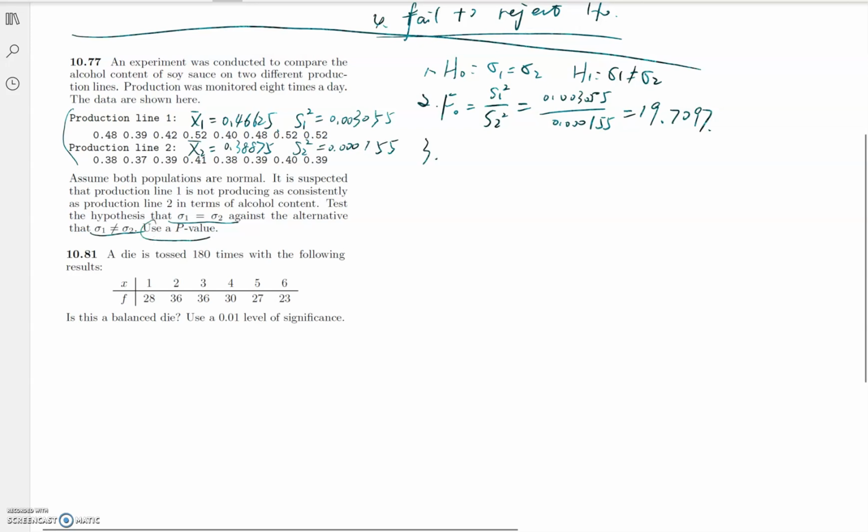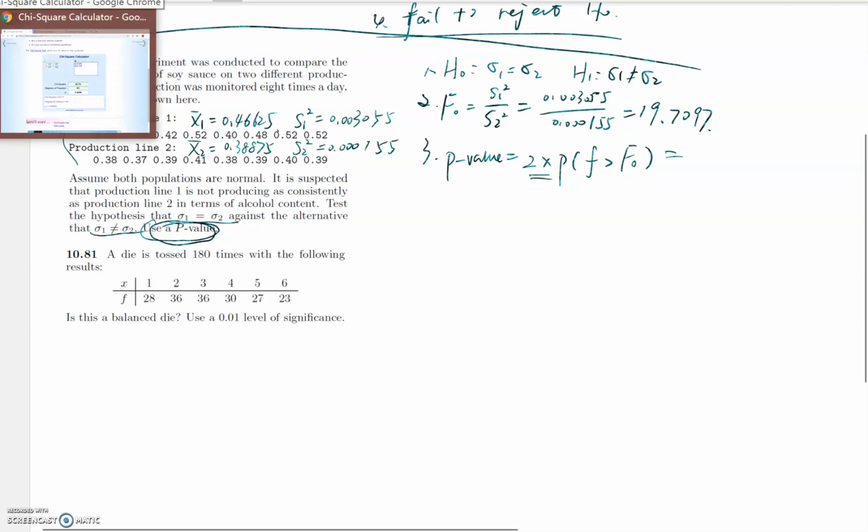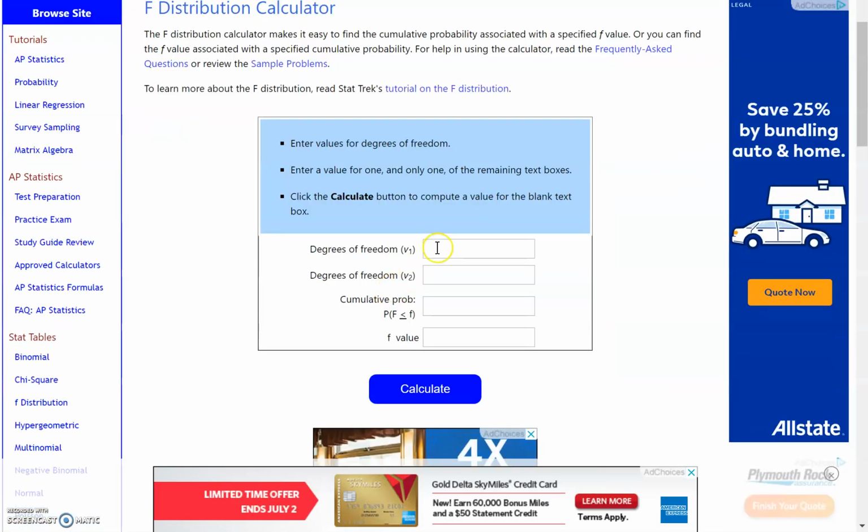So also we need to use the p-value in our conclusion. The p-value equals 2 times the probability that f is greater than f0, because it's two-sided. Also, I use the online calculator for my calculation: F distribution, degrees of freedom.